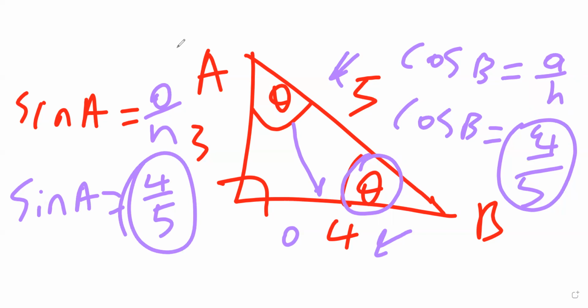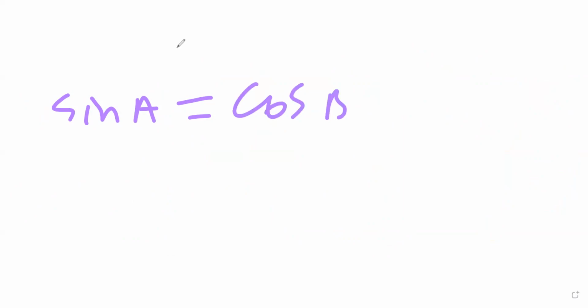So with that, we could actually rewrite this. I need some more space. If they equal the same ratio, I could say sine A is equal to cos B in terms of the ratios.